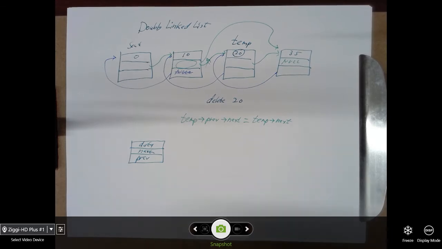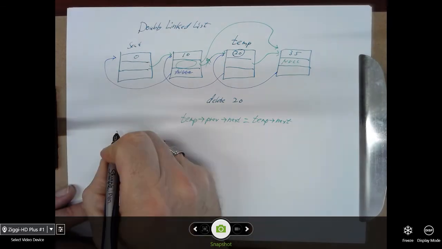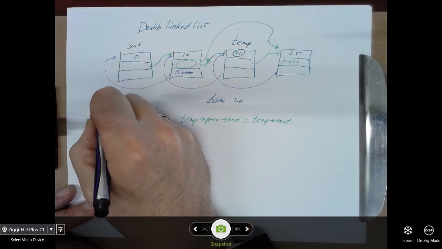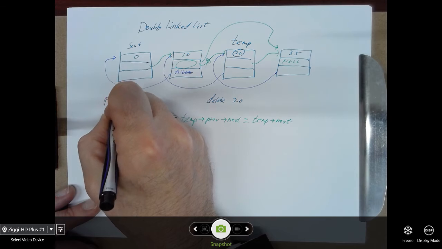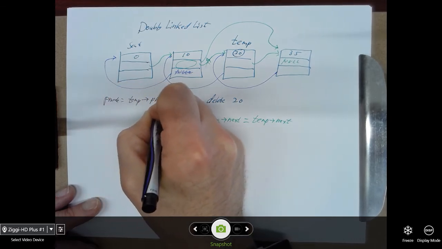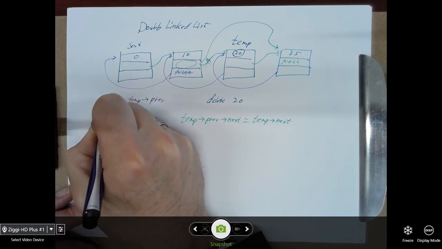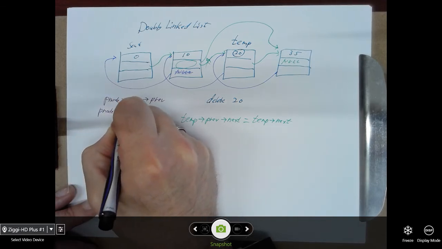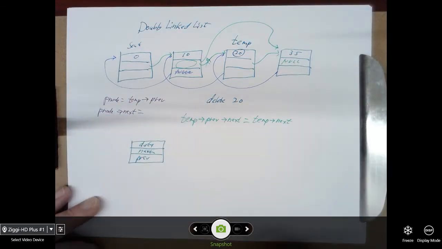Right, and we can use other variables to make our life a little easier. I mean, we could say previous node equals temp previous, and then we could say previous node next equals, right?